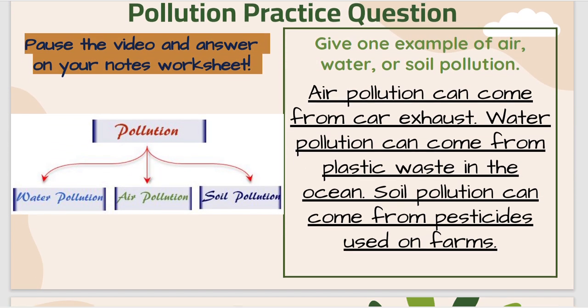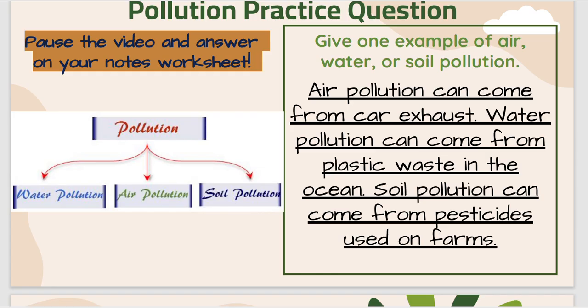Alrighty, so looking through our examples, for air pollution, I came up with pollution from cars, because I also talked about factories. But for this, I'm specifically just bringing up car exhaust or car gases.